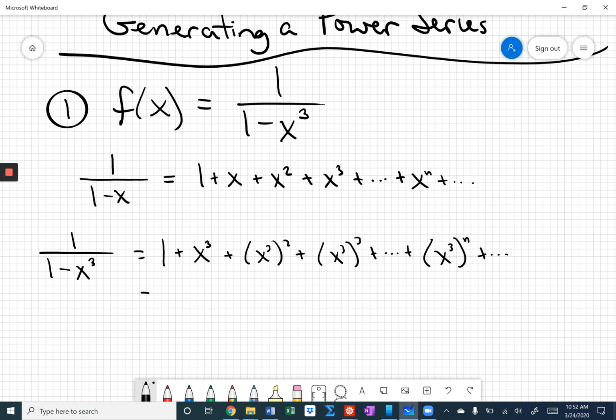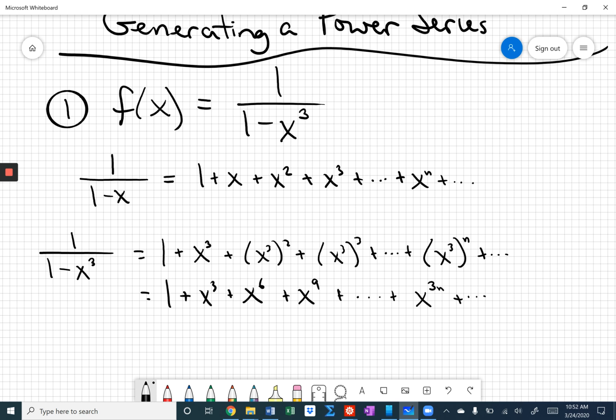And of course we could rewrite this as 1 plus x cubed plus x to the 6th plus x to the 9th plus dot dot dot plus x to the 3n and so forth on down the line.